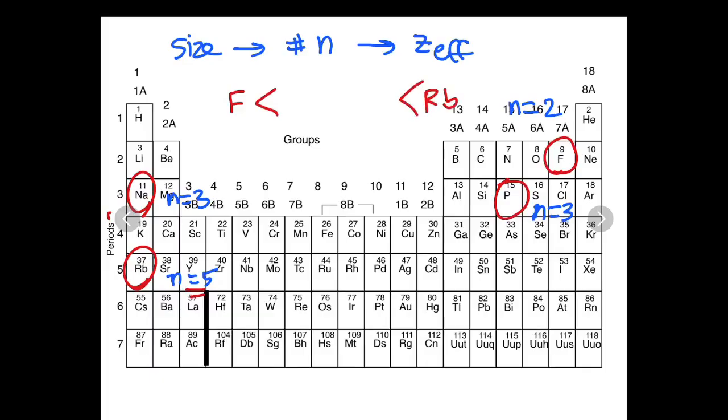Now between these two, they both have the same energy level. Therefore, we cannot use the number of energy shells to compare these two. You are going to need to use effective nuclear charge of the valence electron. Let me actually rewrite this. Effective nuclear charge of the valence electron for sodium, we already calculated this.